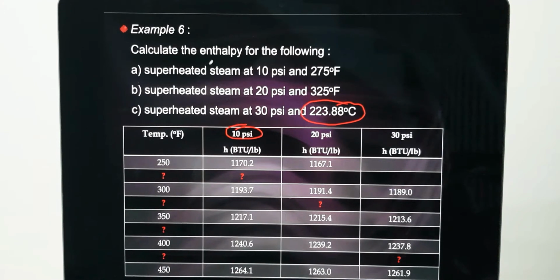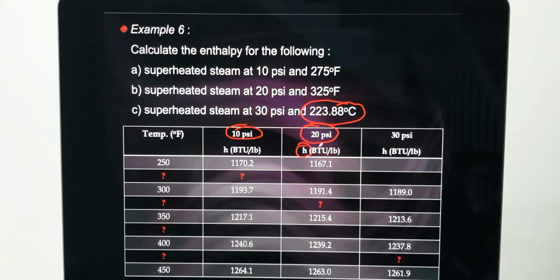Okay, and then the second one, 20 psi and 325 degrees Fahrenheit. Again, look for the column of 20 psi. Please make sure that you are looking for the column of H. H is the value for the enthalpy. Don't look for the value for V. V is meant for specific volume. Where does this unit come from?